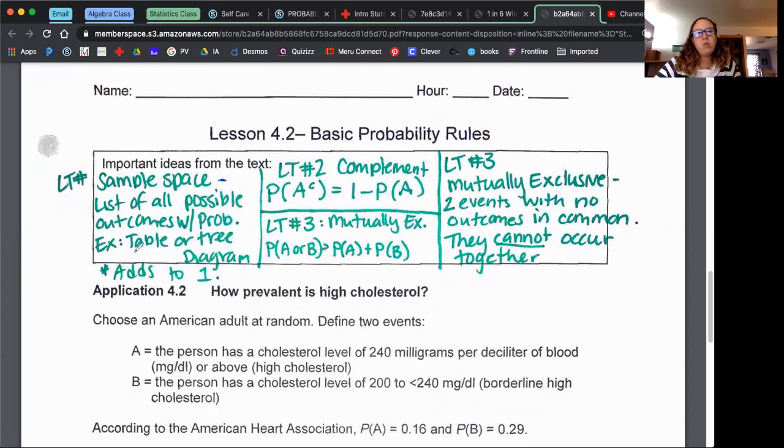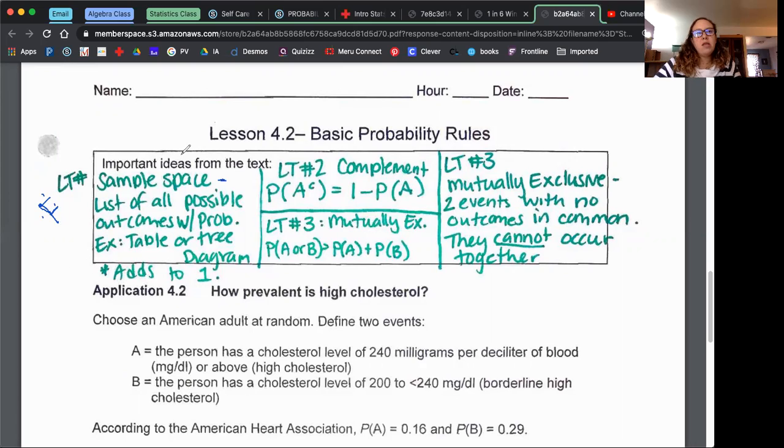So lots of times we put this in a table, or sometimes we might do a tree diagram where you have branches of different possibilities that could come off of it. Usually we draw tree diagrams horizontally, but you can also draw them vertically. So this would be one probability and then subsequent probabilities after that.